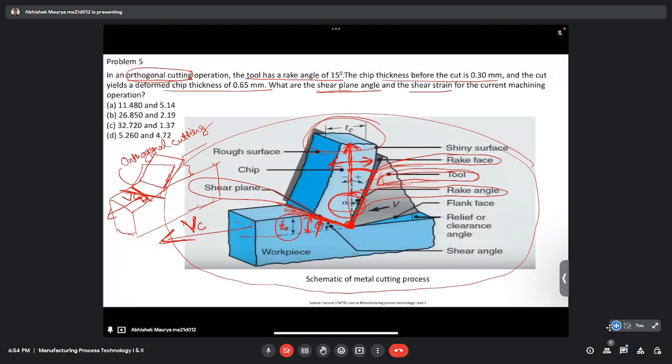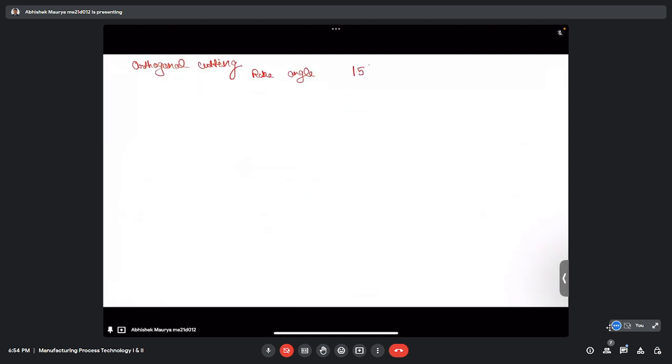This angle is given as 15 degrees. The uncut chip thickness, or T1, is 0.3 mm. Similarly, the cut chip thickness, or deformed chip thickness, is given by T2, which is 0.65 mm.